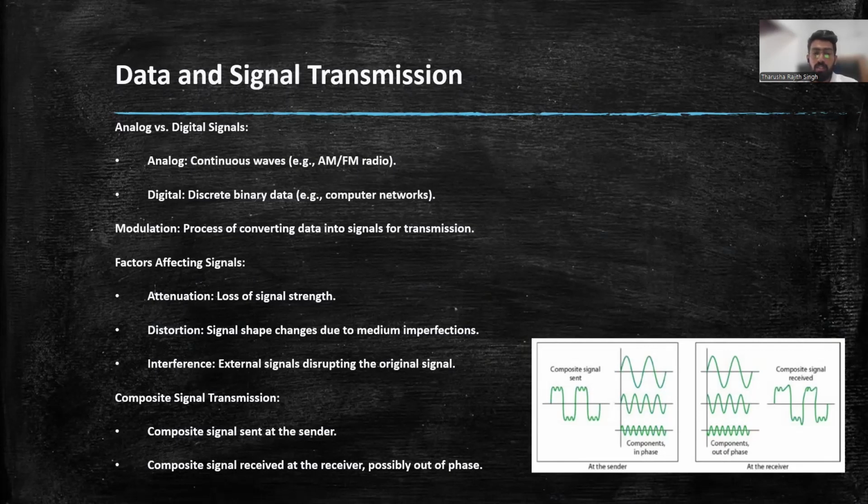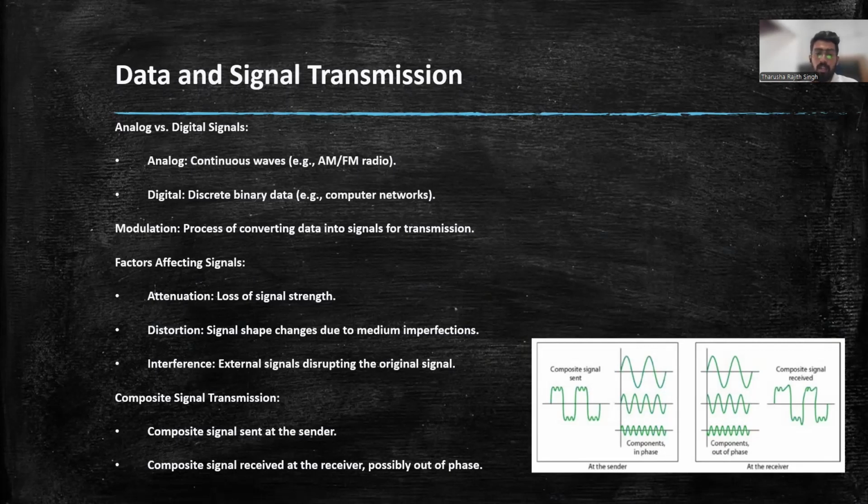The next topic is composite signal transmission. As shown in the image, a composite signal is formed by combining multiple individual signals into a single signal for transmission. At the sender, multiple signals are combined into a composite signal.